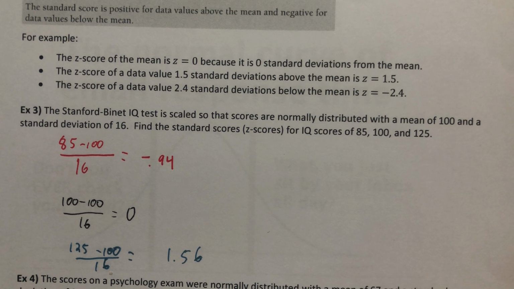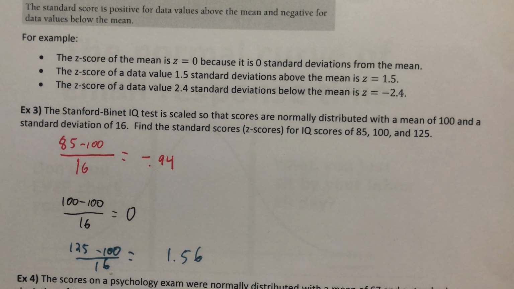That would be negative 15. Negative 15 divided by 16 is negative 0.94. So it's negative because you are below the mean, and 0.94 tells us that you are 0.94 standard deviations below the mean. The mean was 100.